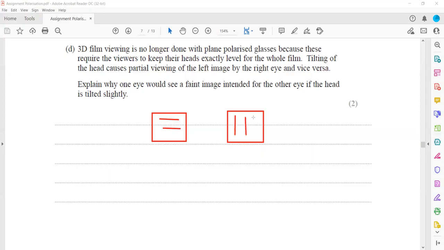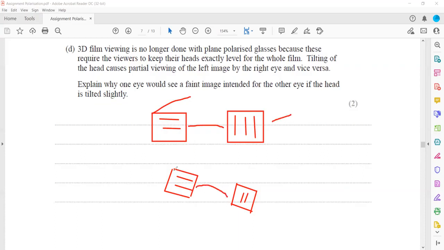Because if the head is slightly tilted, for example, if a person watching a movie tilts his head in this manner, he's getting a clear image.